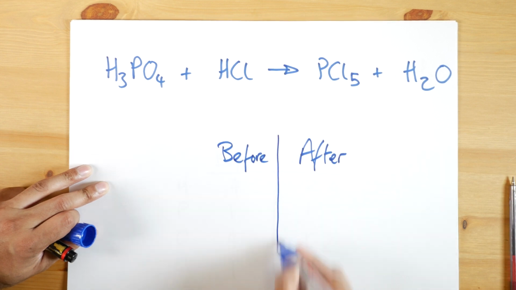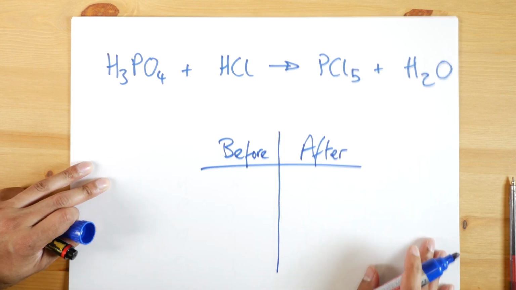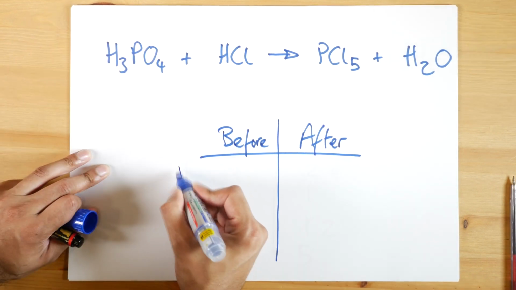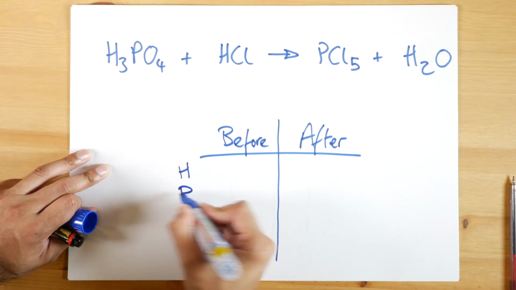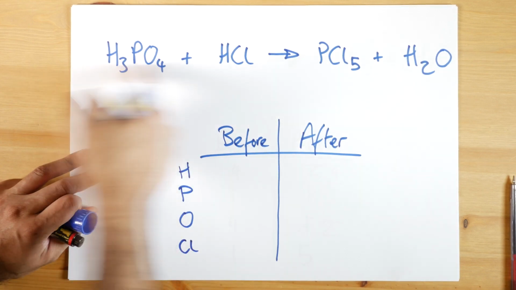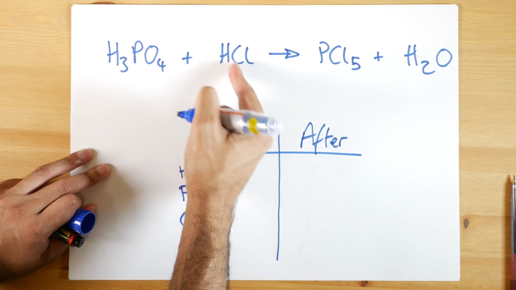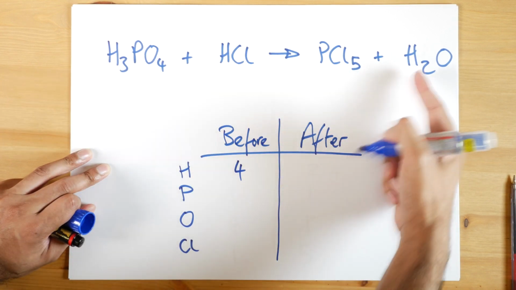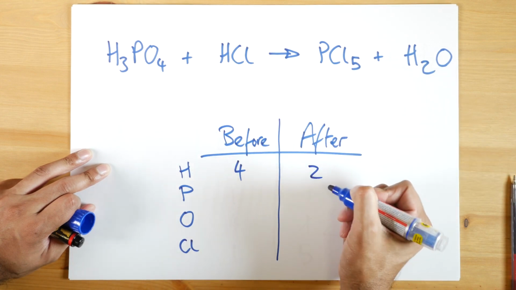You need a before and an after table. Okay, so before we've got H's, we've got P's, we've got O's, and we have Cl. In terms of H's, we've got 3 here, 1 over here, that's 4. And afterwards, we've just got the 2.